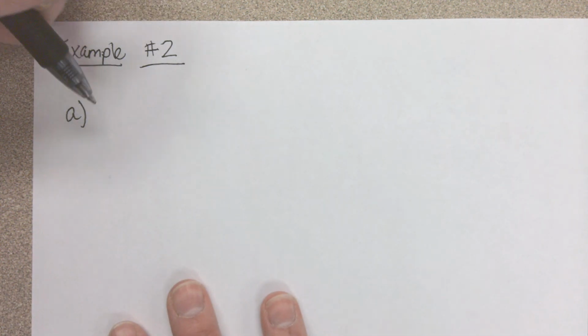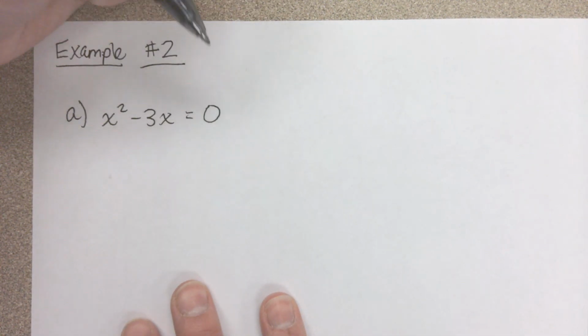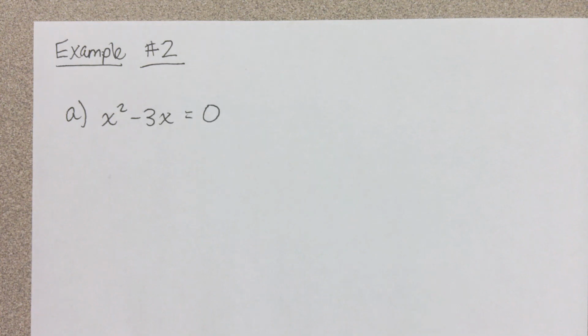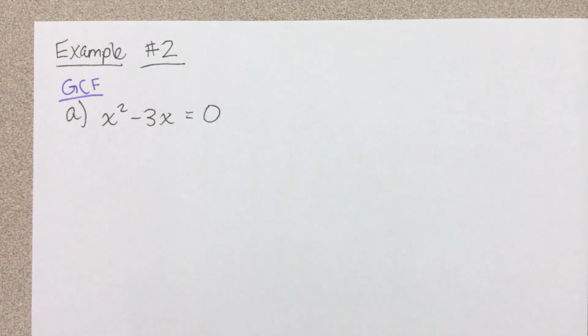First problem, just algebra. X squared minus 3x is equal to 0. How do I go about solving that? What was it? GCF, good. We have a factoring problem here, and specifically it's a GCF, so brush up on your factoring.